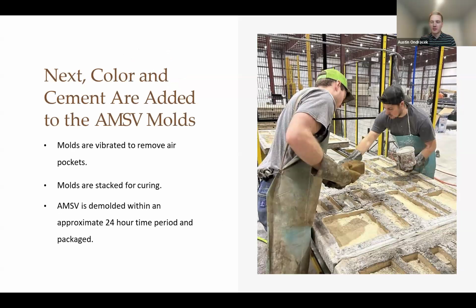So, showing a little bit of that in action, we showed the mineral oxide and the pigments that go in. You can see they're doing just that here in these molds and these casts. They vibrate them to make sure they remove the air pockets inside of them. They are stacked for curing, and then AMSV is demolded within an approximate 24-hour time period, and then it is packaged.